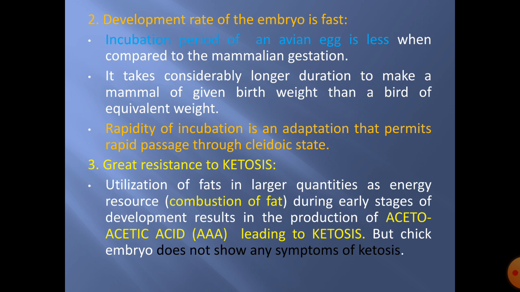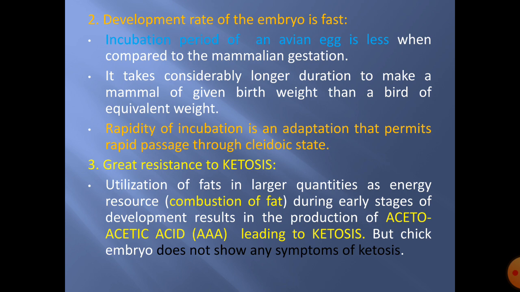After 21 days, a bird comes out which is capable of leading an independent life. It takes considerably longer to make a mammal of a given birth weight than a bird of equivalent weight. So, rapidity of incubation is an adaptation that permits rapid passage through the cleidoic state.